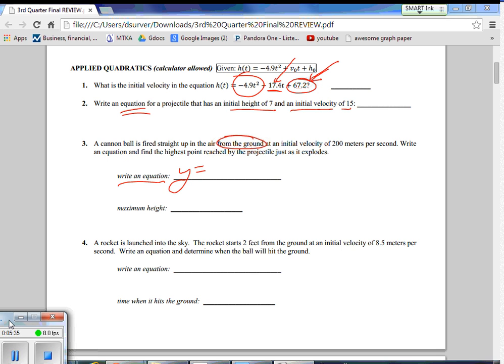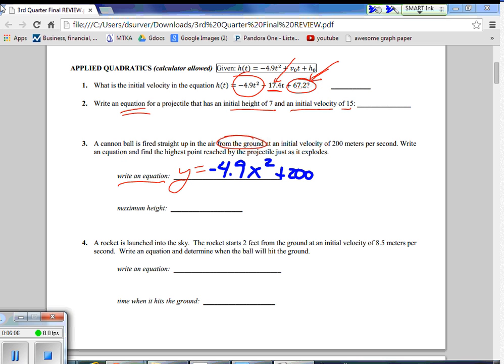All right, so in the calculator, we need to get this equation in first of all. So let's actually figure it out together. It's y equals, what did I say we always start with? Negative 4.9. I'm going to use x just because that's what's in your calculator. If you just said t, that'd be totally fine. And then an initial velocity of 200, wow, that's a big number, meters per second.